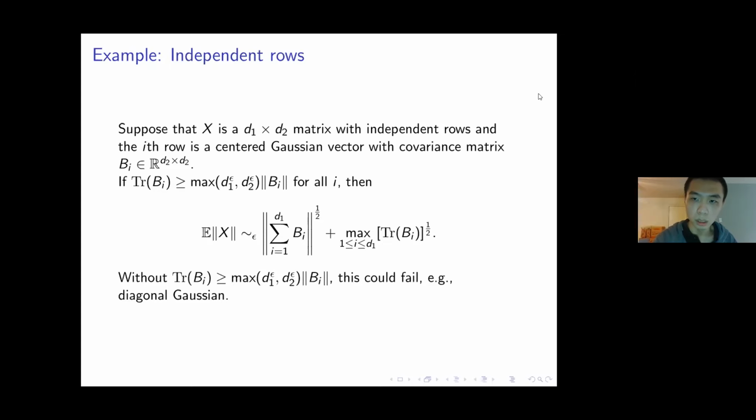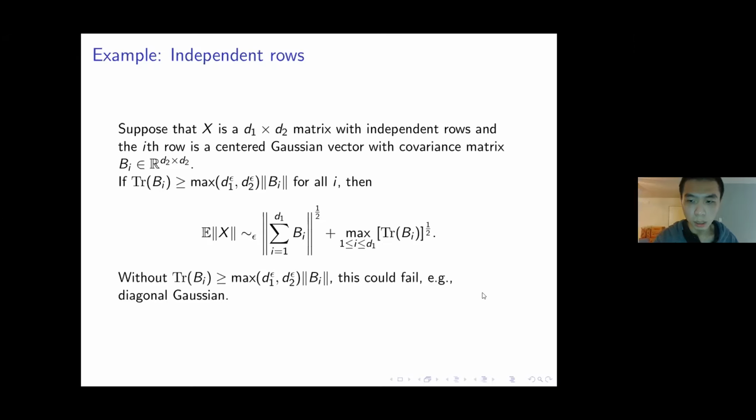And then the covariance matrix for that centered Gaussian for the ith row is given by a positive semi-definite matrix B_i.